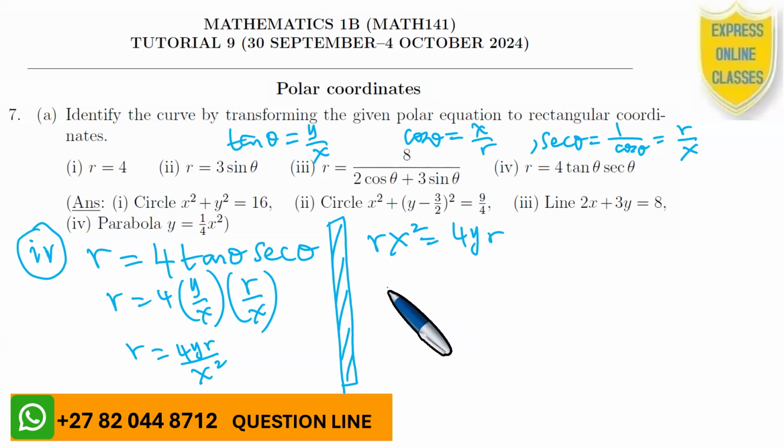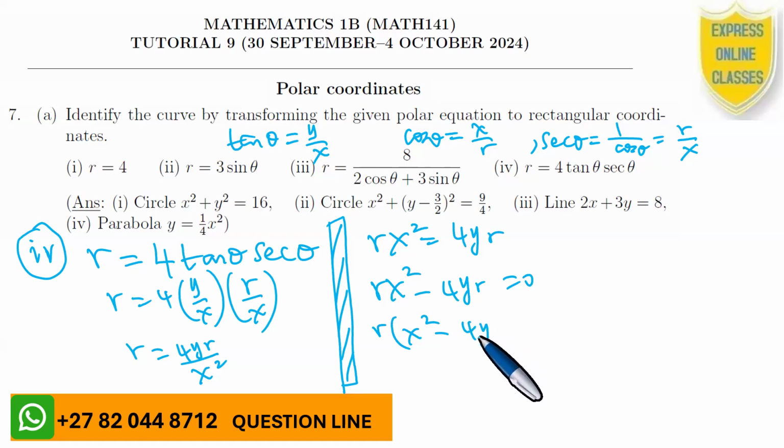Because r is not 0, you can write this, r x squared minus 4yr is 0. You can factorize r, r times x squared minus 4y is 0. But the radius is not 0.